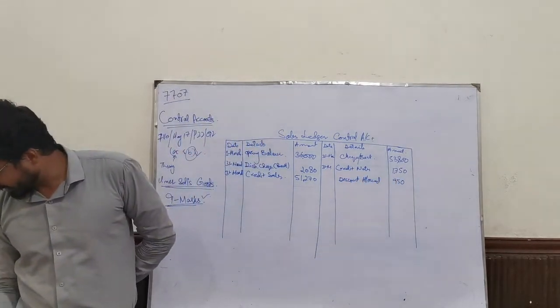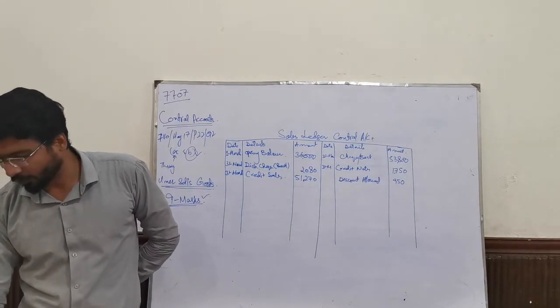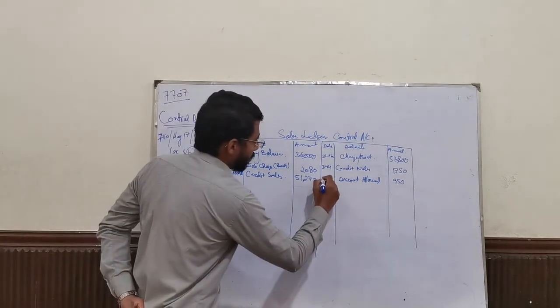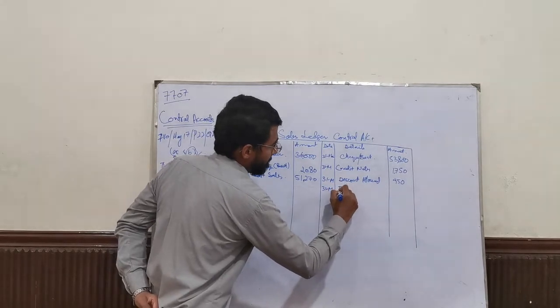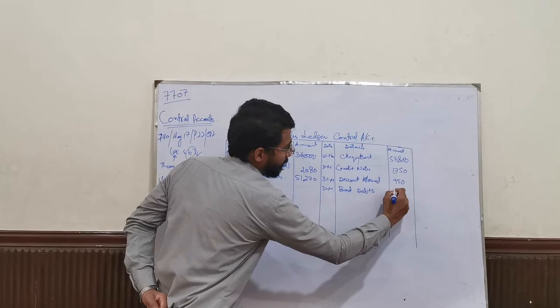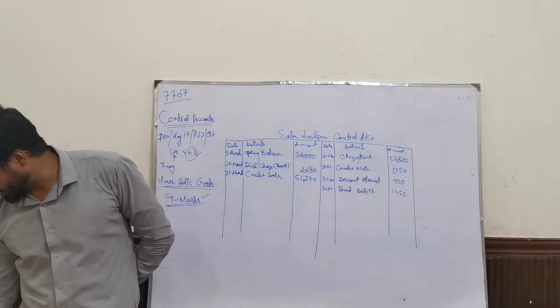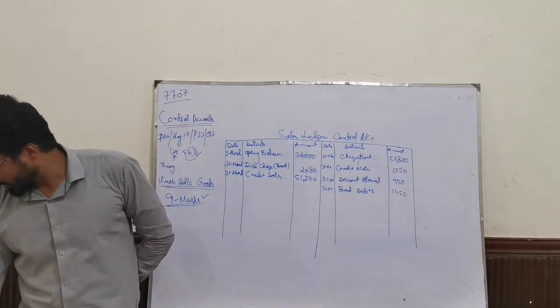And finally, bad debts of 1,450, also on 31st March. I'm just giving a random check that if there is anything else I need to write.